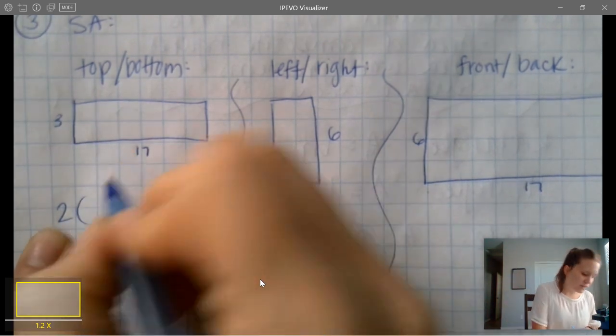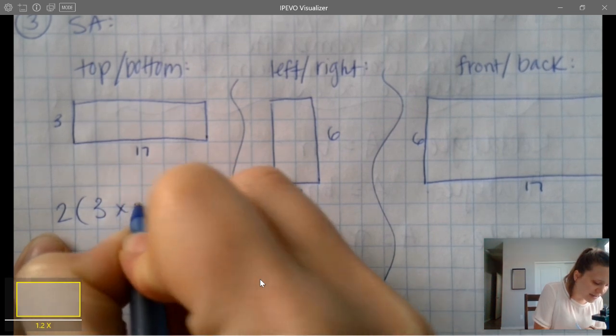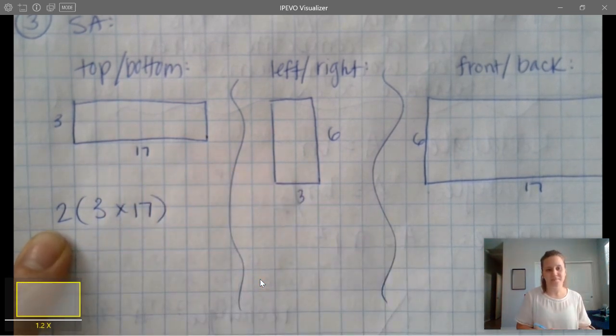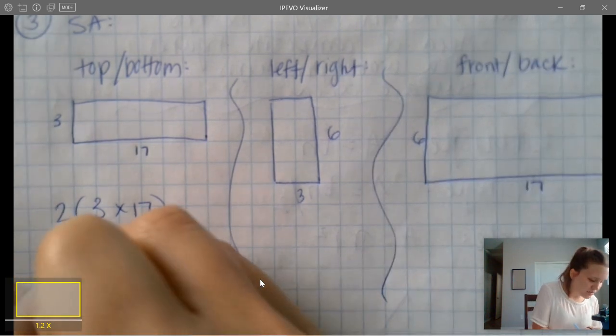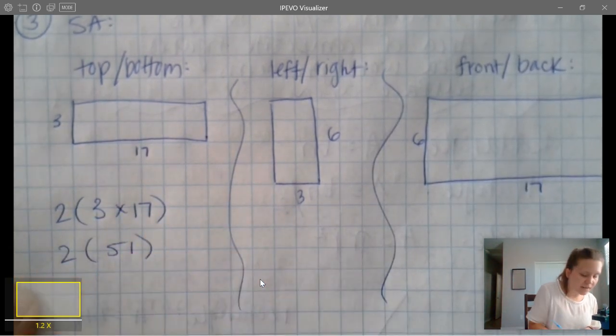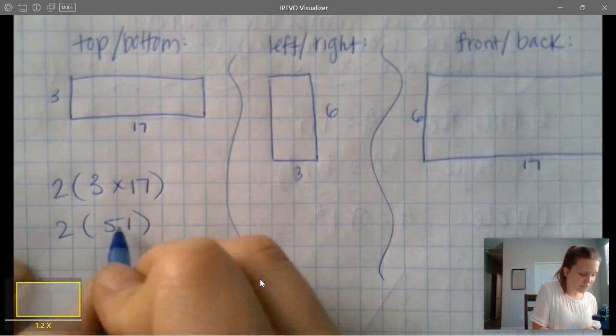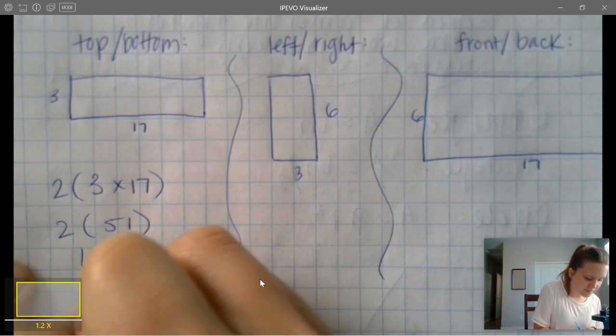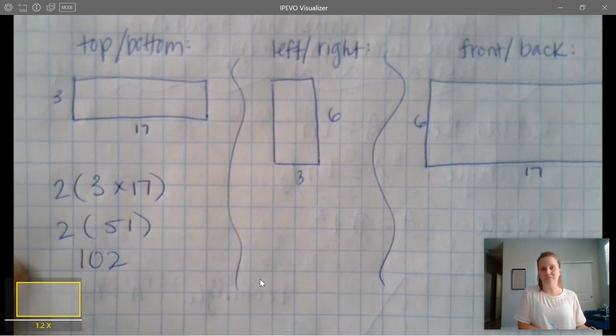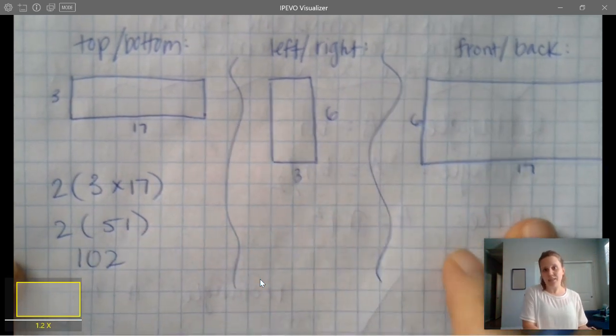So 2 times 3 times 17. Okay, so this is 2 times 51. 3 times 17 is 51. And what's 2 times 51? Yes, 102.